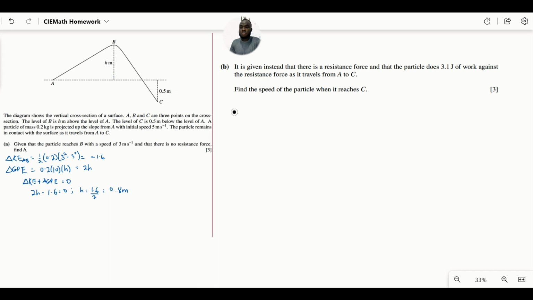Furthermore, the 3.1 joules of energy is actually work done against resistance moving from A all the way to C. So let's check and see what happens.